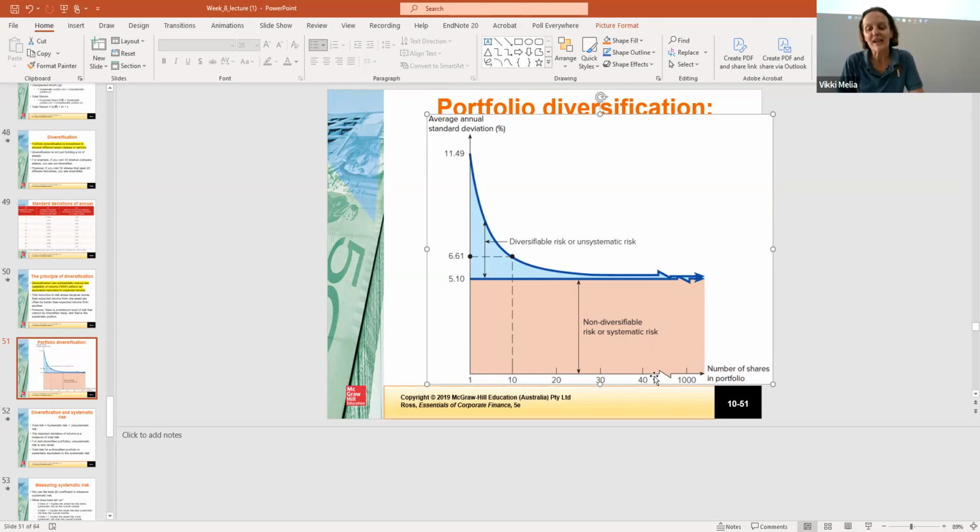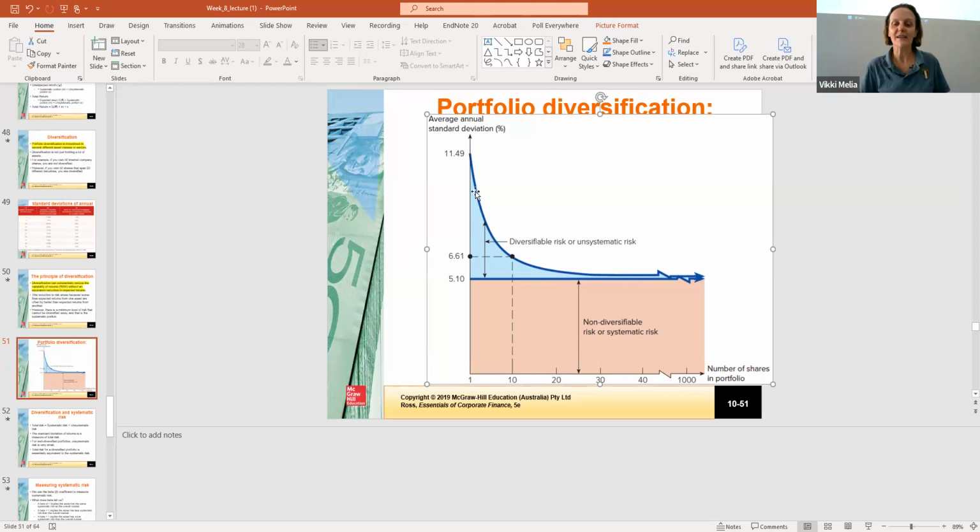As we add shares into our portfolio, the total risk drops. You can see the total risk drops a lot from 1 to 10. It drops really sharply. I mean, it even drops a lot from 1 to 20, but then from 20 to 100, there's not a great change in the total risk.